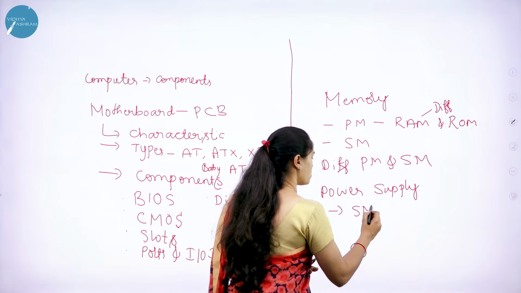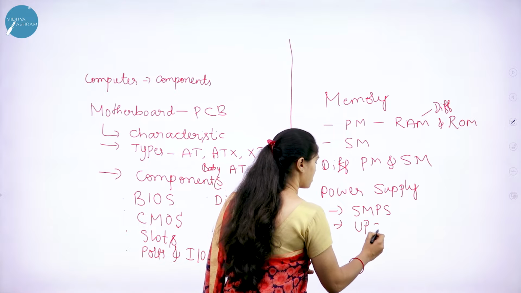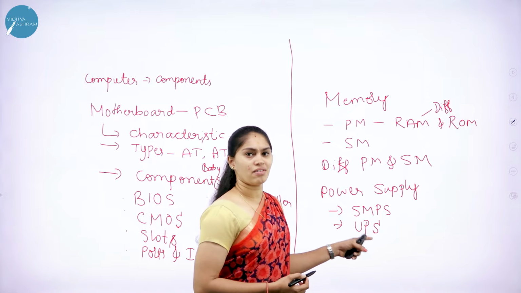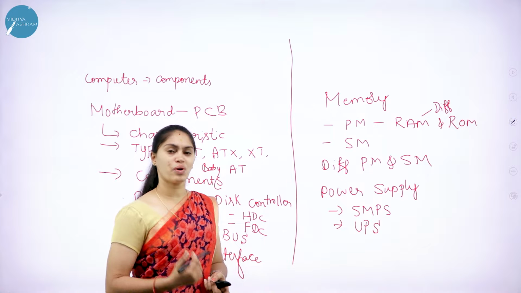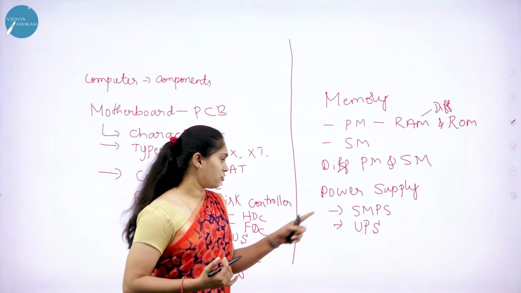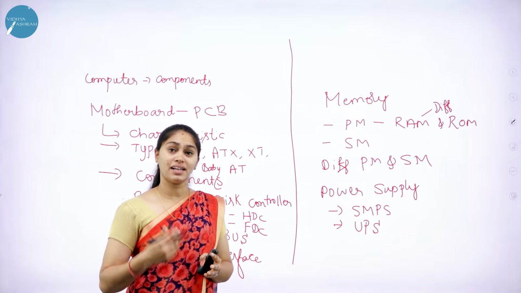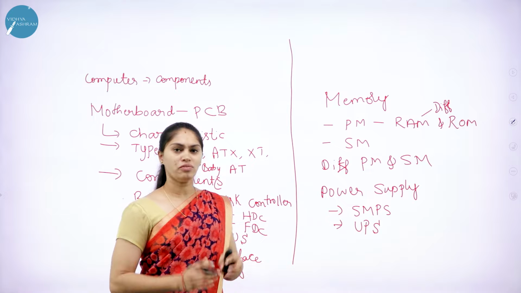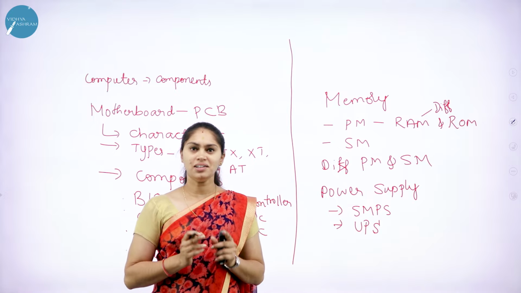One is by making use of SMPS and another one is by making use of UPS, right? SMPS is switched mode power supply, and UPS is uninterruptible power supply. There you have to understand the types of UPS, examples of types of UPS, and the alternative name that we have for each type of UPS. So this is the overall brief discussion regarding chapter 1.